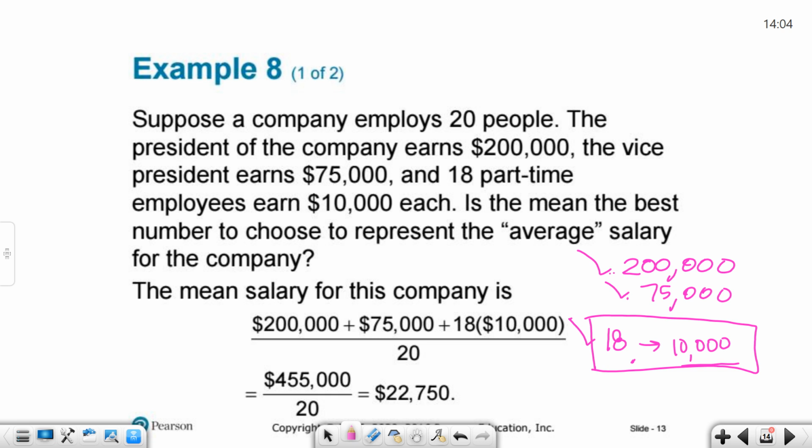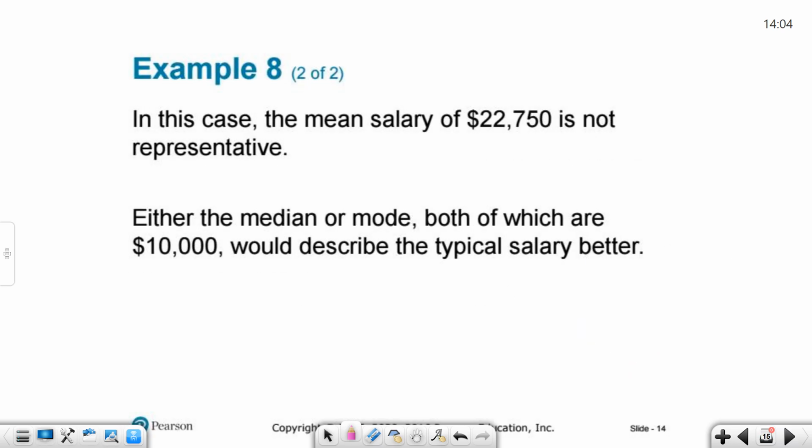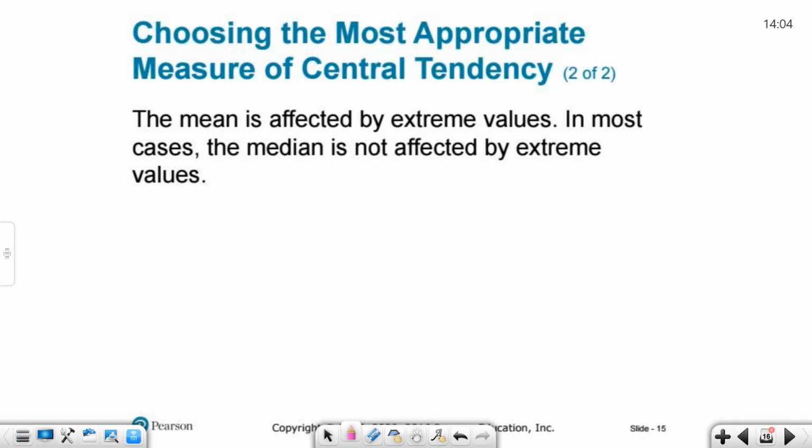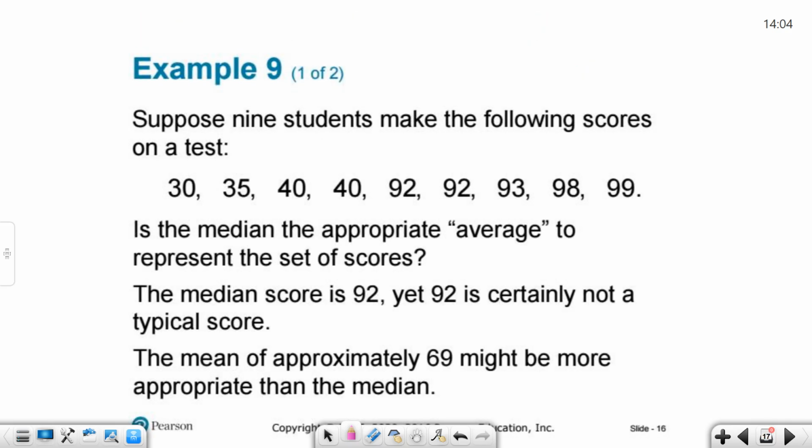But secondly, your median would also be 10,000 because writing them out, 10,000 would be in the center. So 10,000 more accurately describes what the major contributors of this company would be making. The mean is affected by extreme values, and the median is not usually.